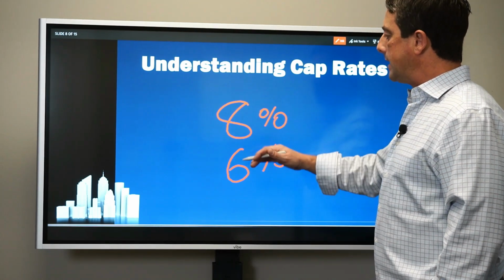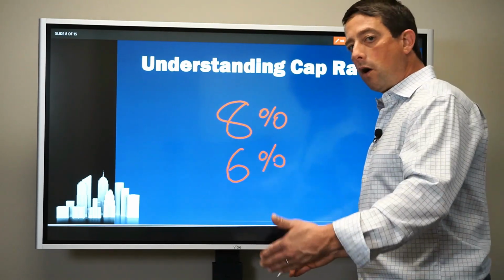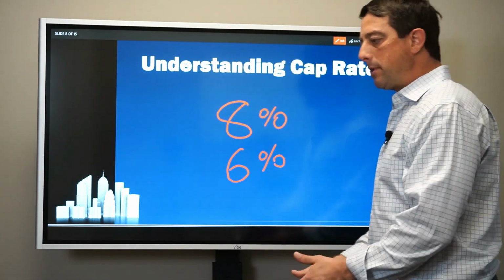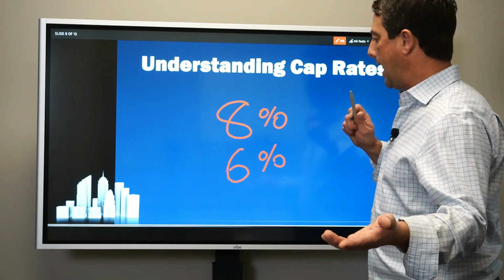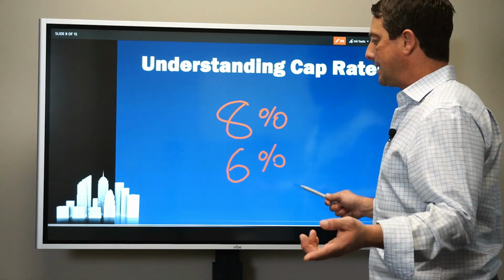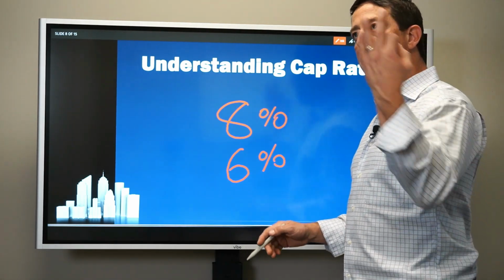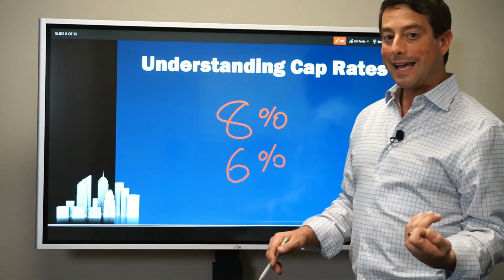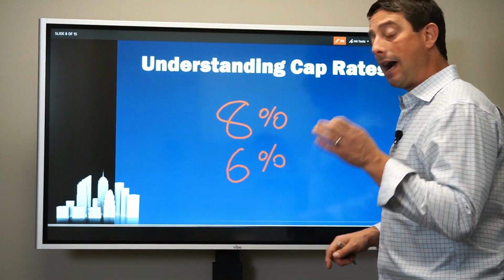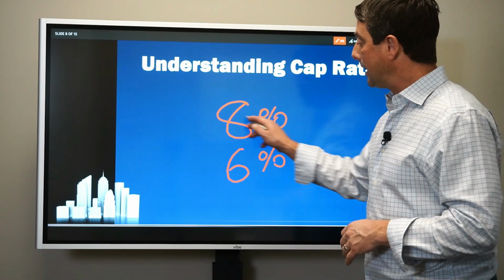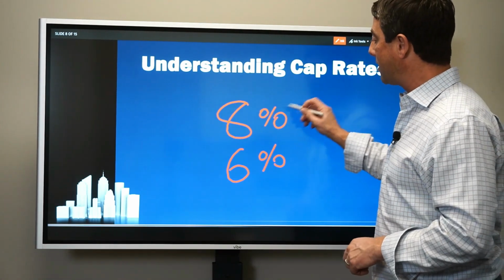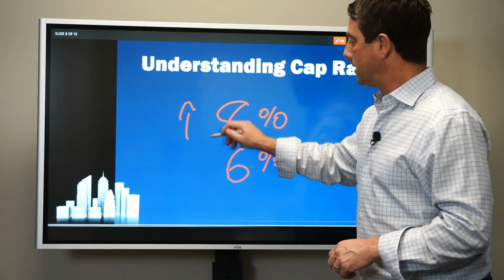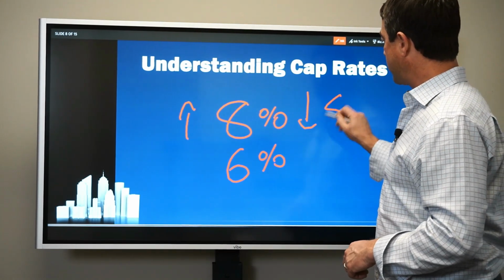This gives me an idea of whether I am paying more or less for the same building than everybody else in the market. So let me ask you, if I'm buying it at an 8 and everybody else is buying it at a 6, am I buying the property for more or less than everybody else in the market? I am buying the property for less than everybody else in the market, because remember, the cap rate is higher. So the higher the cap rate, typically the lower the actual price.